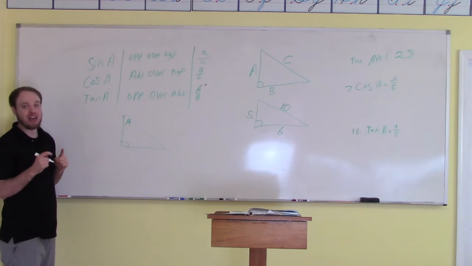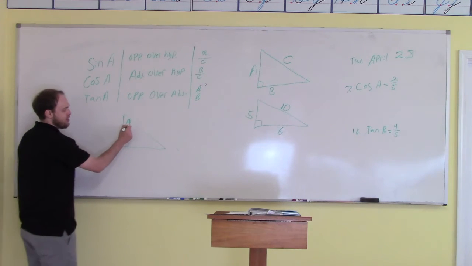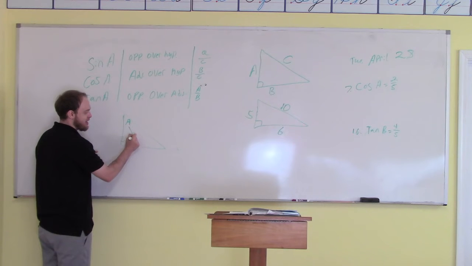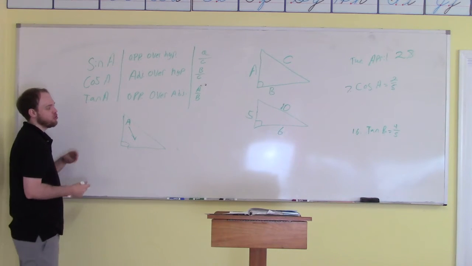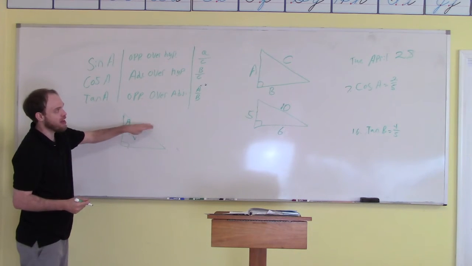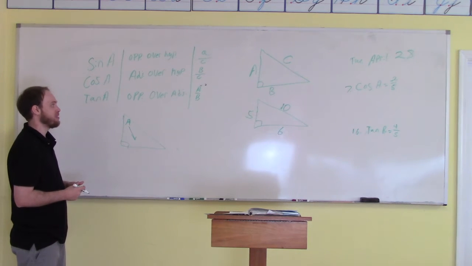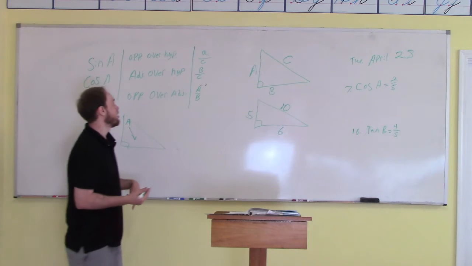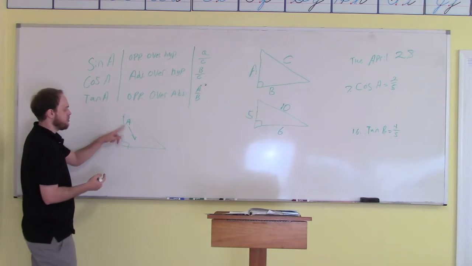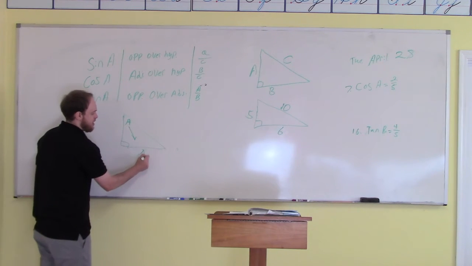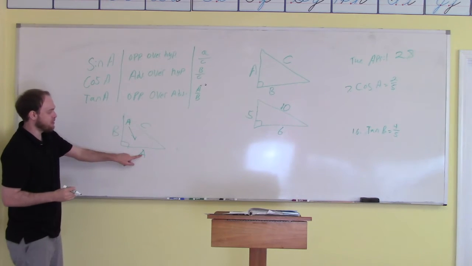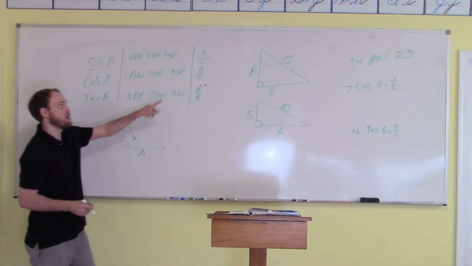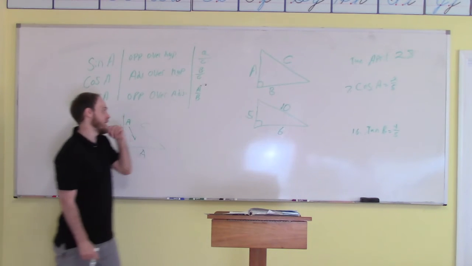So the sine of A would be the actual opposite side of A over the hypotenuse. If I do that right here, that's side A, that's side B, and that's side C. So it's the opposite over the hypotenuse, which is C. So it would be A over C.